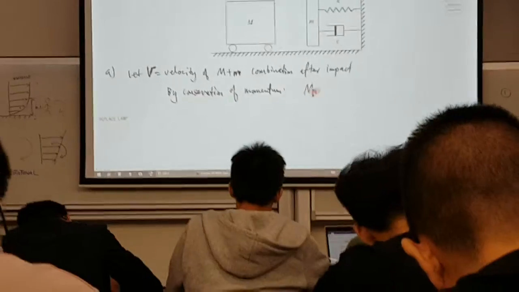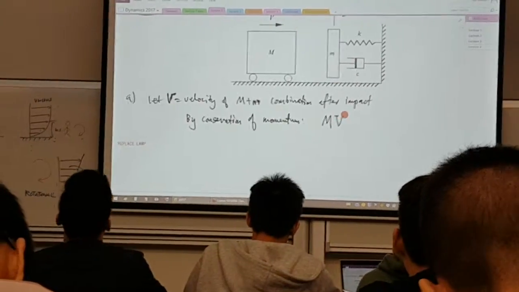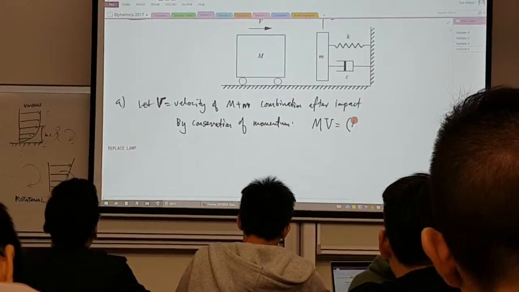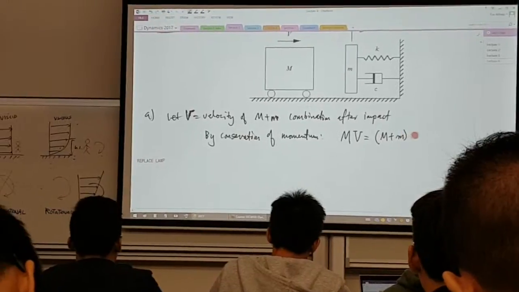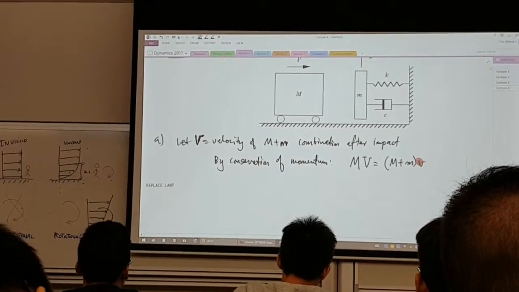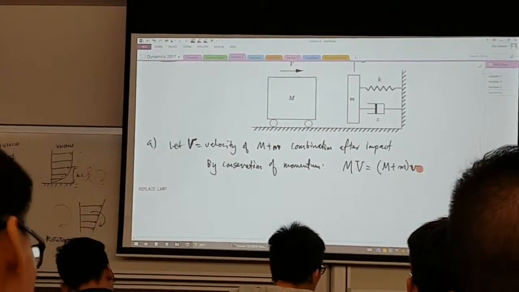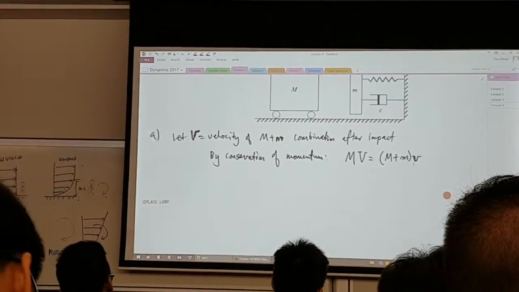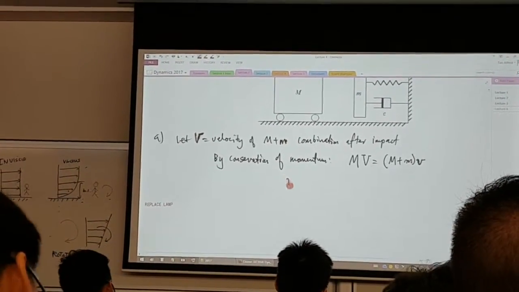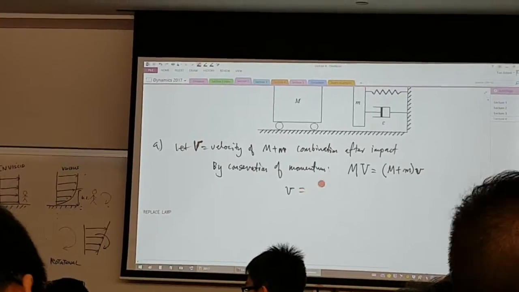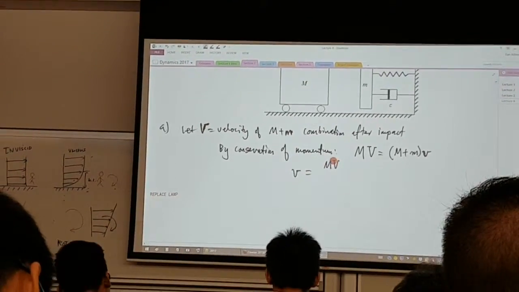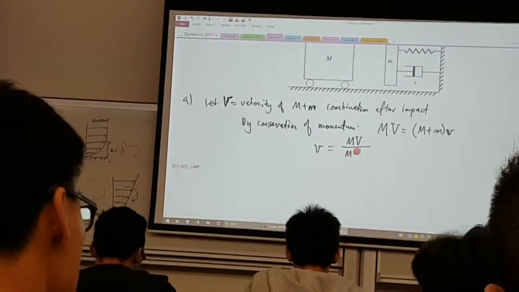So by the conservation of momentum, this relates to your physics. That capital M, capital V will be equal to combined mass M plus small m multiplied by that small letter v. Right? That is your conservation of momentum. So I can express small letter v now equal to capital M V over M plus small m.